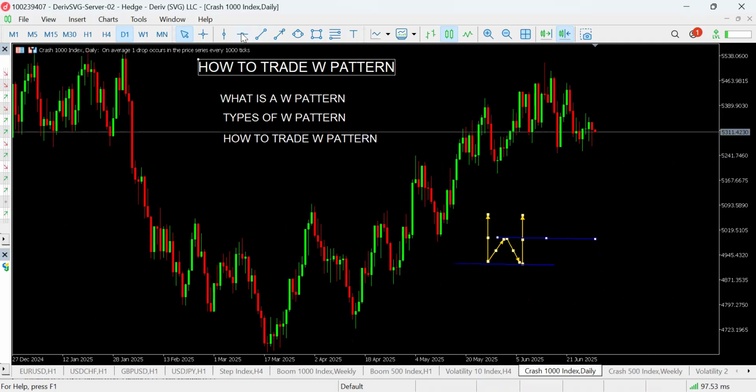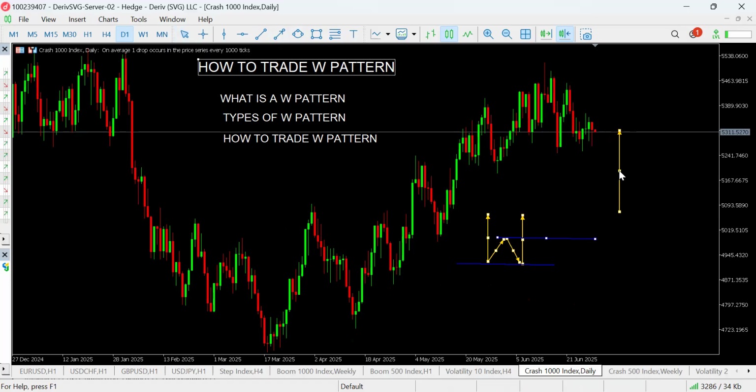The W pattern also has a form in which price at the first level would be lower than the price at the second level. Now, what do I mean?